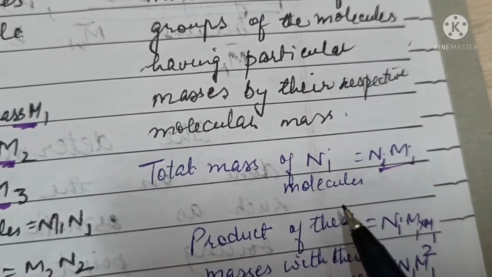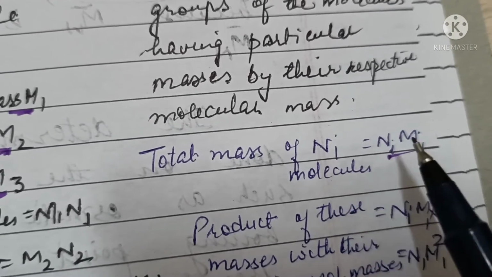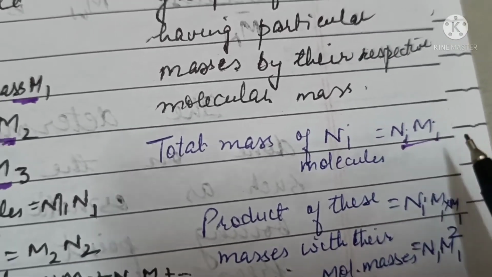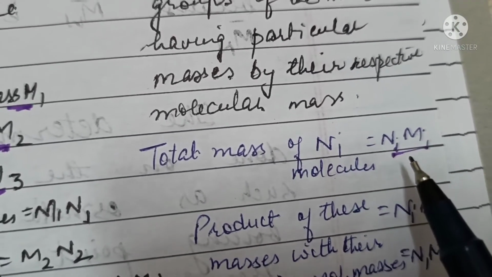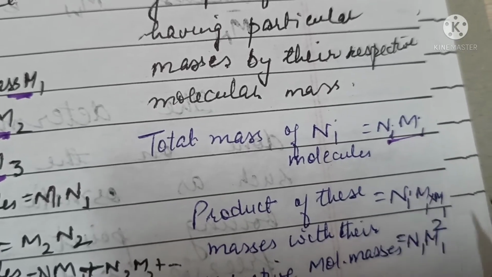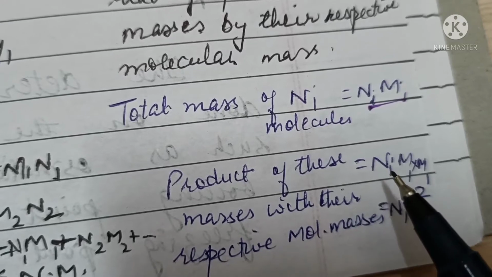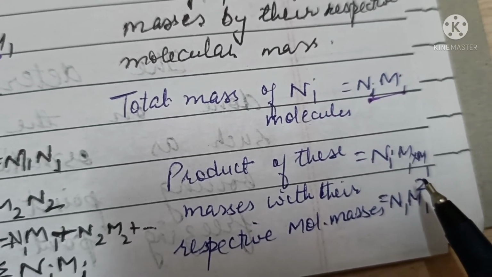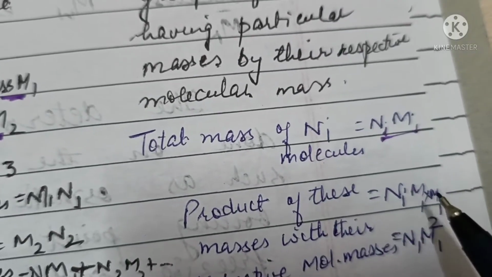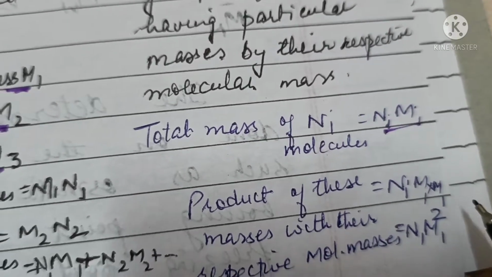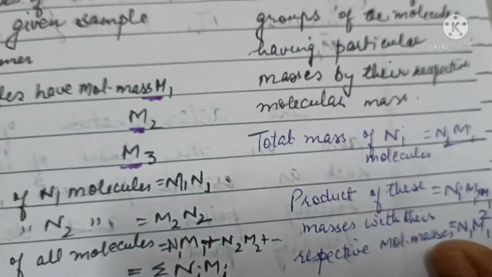So the total mass of N1 molecules will be N1M1, and the product of these will be this mass multiplied by the molecular mass. So this will be N1M1 into M1. So M1 into M1 is M1 square. So this becomes N1M1 square.